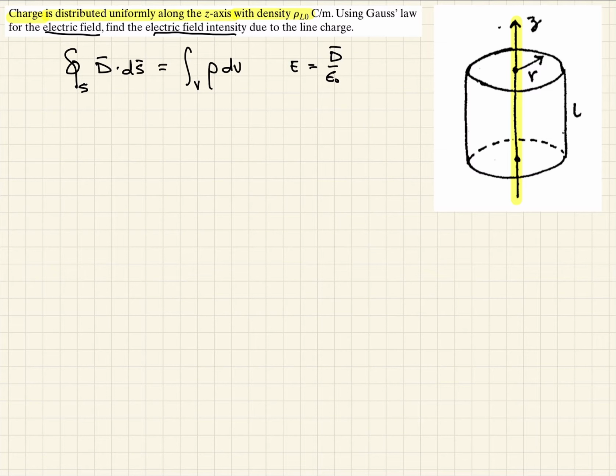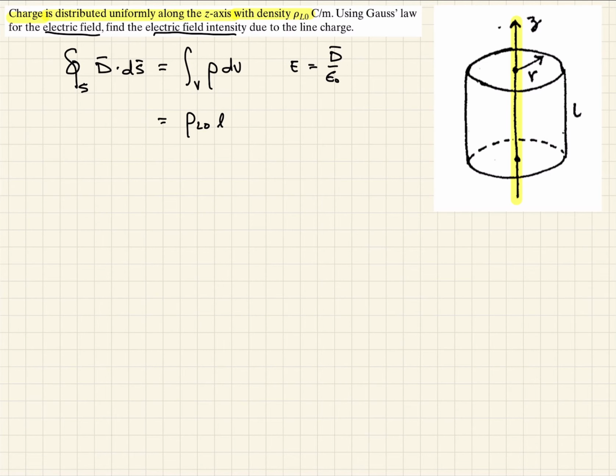So if we break this down, looking at this equation, if we were to integrate the charge over the entire z-axis or across this line, then this would just end up being rho L0 over the whole length of the line, L. So that's what the right side of the equation reduces to.